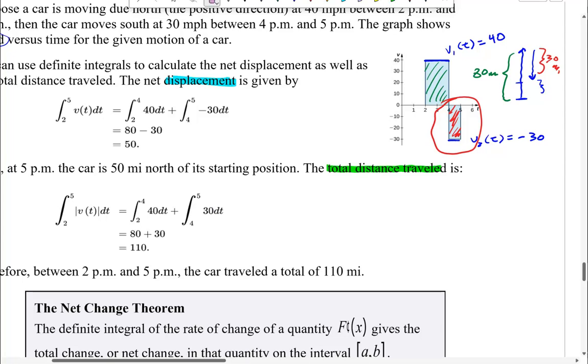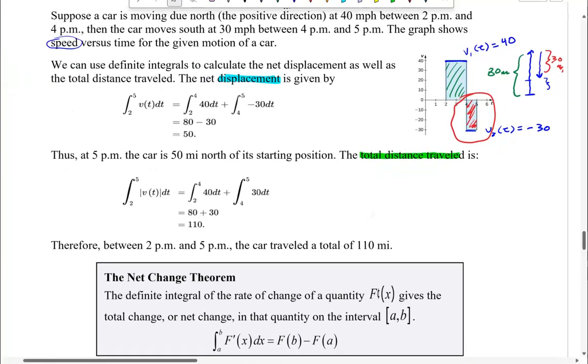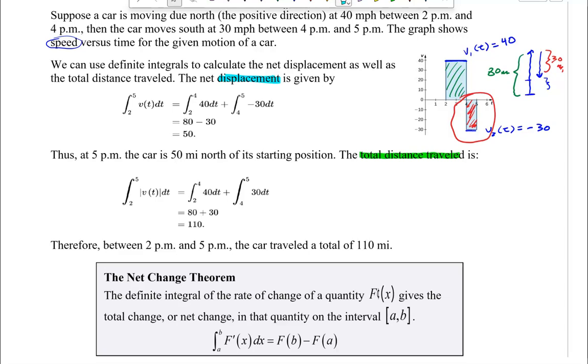Then if we integrate these, we end up with a result of 110, which is the 80 miles going north, and then adding on the 30 miles going south, okay? So for displacement, we integrate the velocity function as is, and for total distance traveled, we have to integrate the velocity function in absolute value because we're not taking into account whether the object is going in the positive or negative direction.